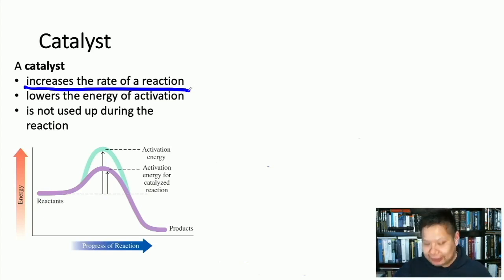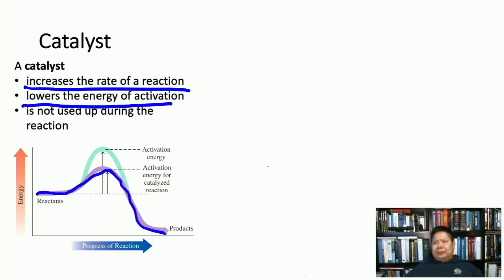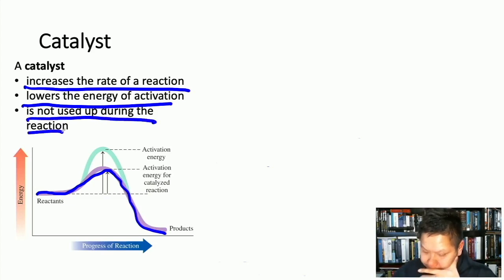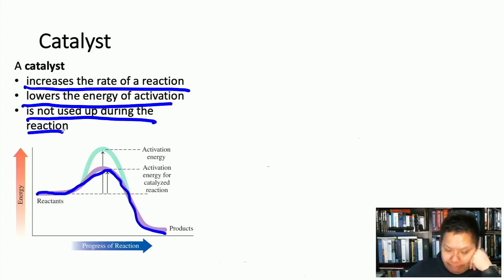The difference here is that a catalyst actually lowers the activation energy, so that the reactants don't need as much energy to get over that hump to make its products. And the biggest thing is that a catalyst is not used up during the reaction.